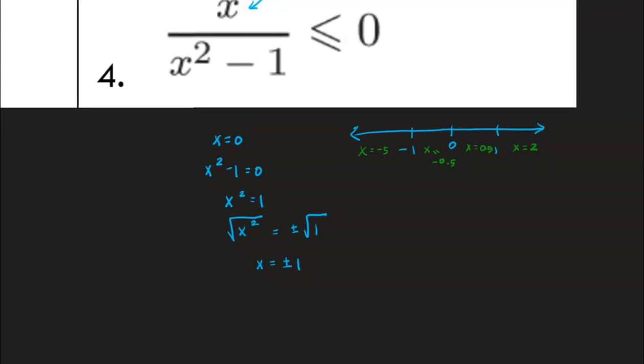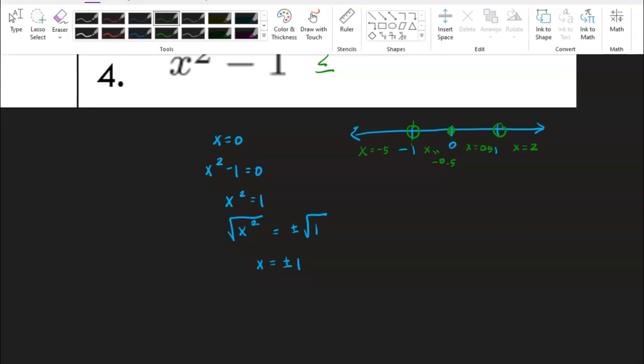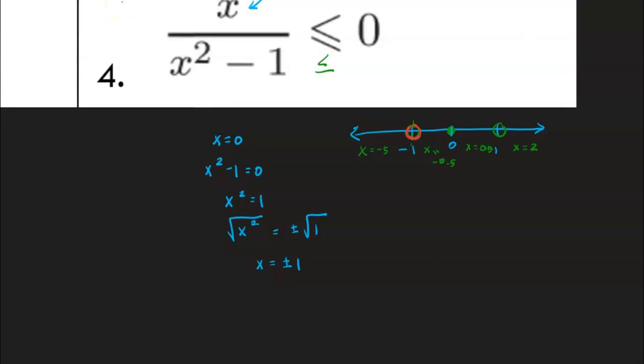Okay, by the way, this is less than or equal to. These two right here are the asymptotes. That is the x-intercept. That doesn't show up very well. Let's go ahead and make it red. That 0 is going to actually be equal to 0 because that's the numerator.